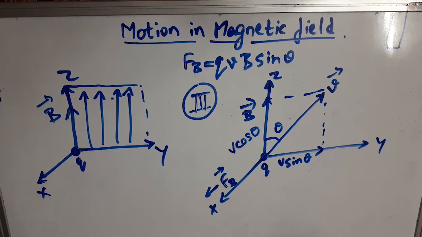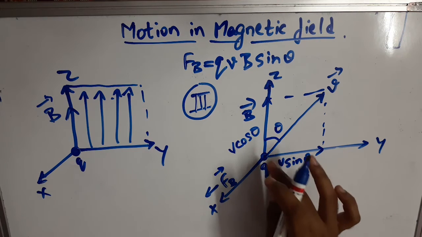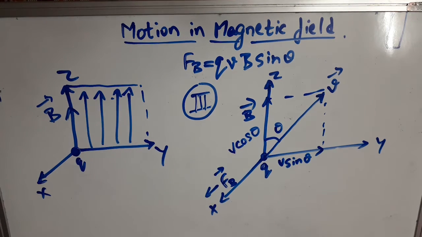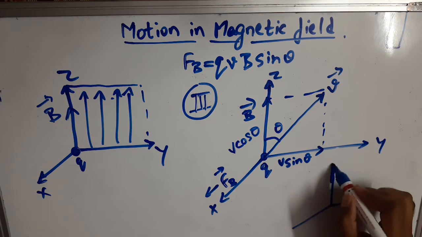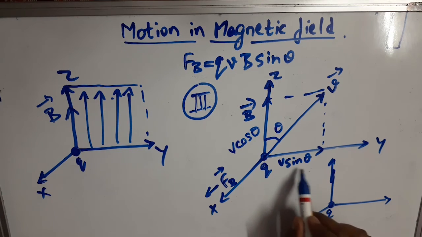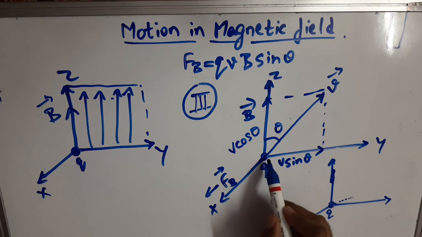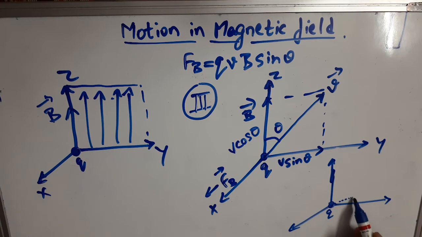Now, when I project the charged particle in this fashion, let me trace its trajectory. I'm going to draw another coordinate system here. I have my charged particle here and I project it in this fashion. Since with this force it moves forward, and due to this force Fp, it curls around.